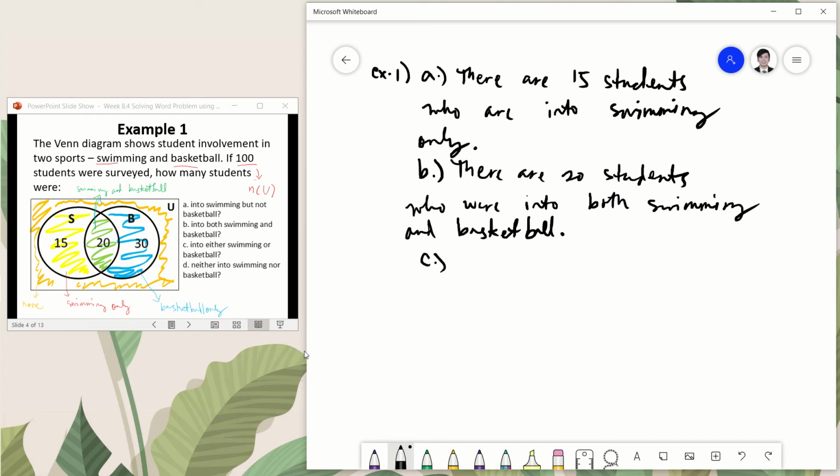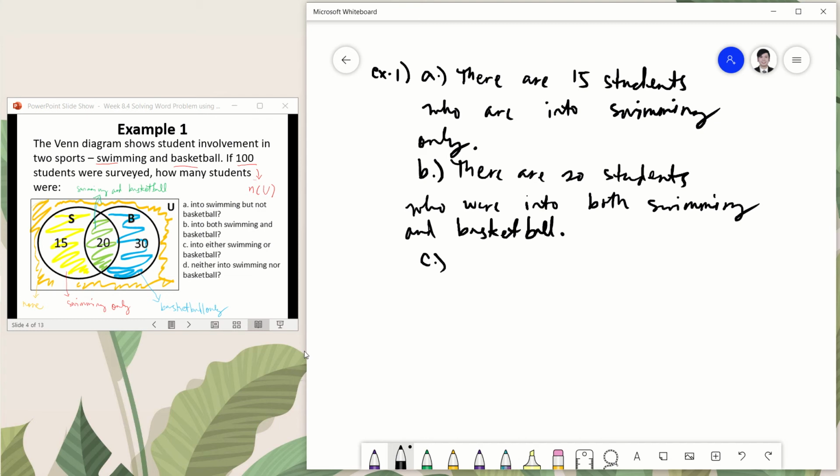How many students were into either swimming or basketball? It can be any of those, so as long as they choose swimming or basketball, they are counted. That means we're talking about union. Take note that the keyword here is or.